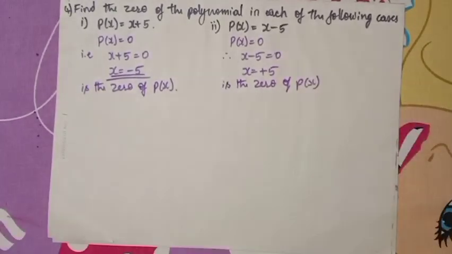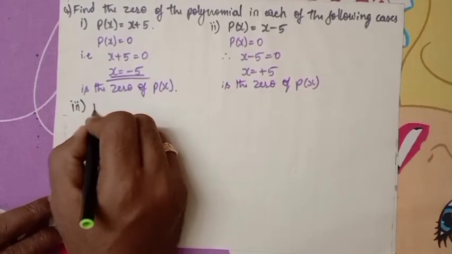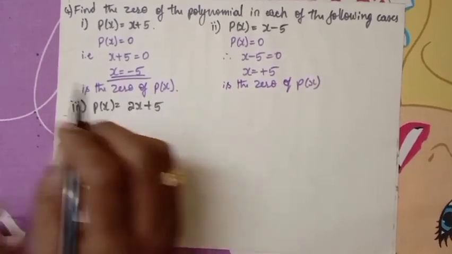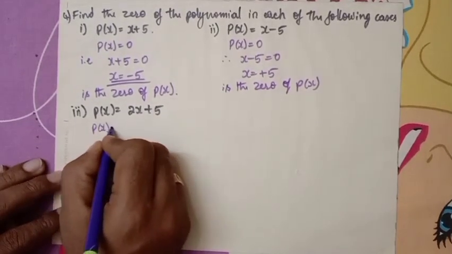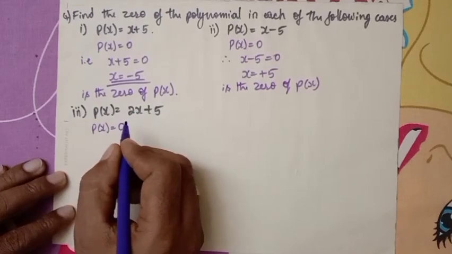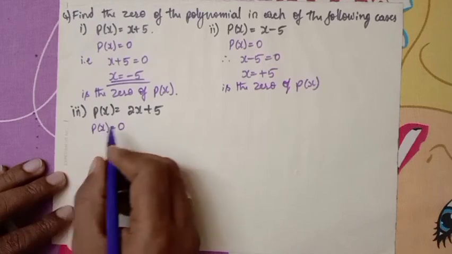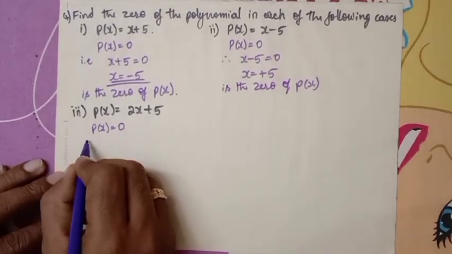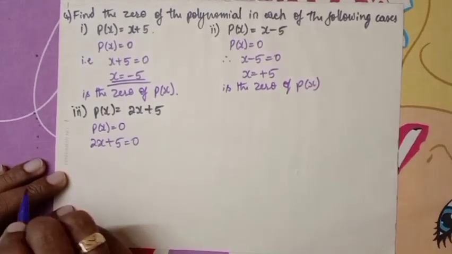Let us move on to the third problem, that is P of x is equal to 2x plus 5. As we already know that P of x is equal to 0, we should find the value of x for which P of x is equal to 0. So, here 2x plus 5 is equal to 0.